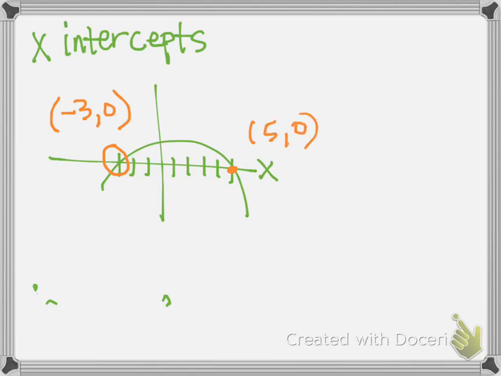X-intercepts are sometimes called roots. They're sometimes called zeros. They're called x-intercepts, and they're sometimes called solutions.